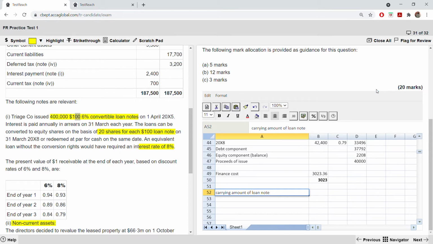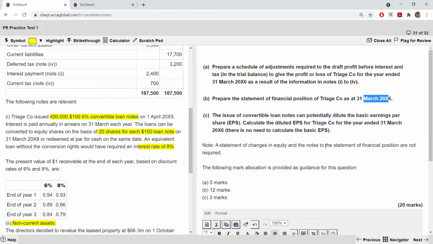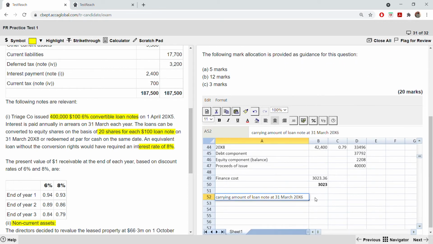Write the date: carrying amount at 31st March 2006, because the financial statements, if you see, are only for 2006. So you want to know the carrying amount at that date.